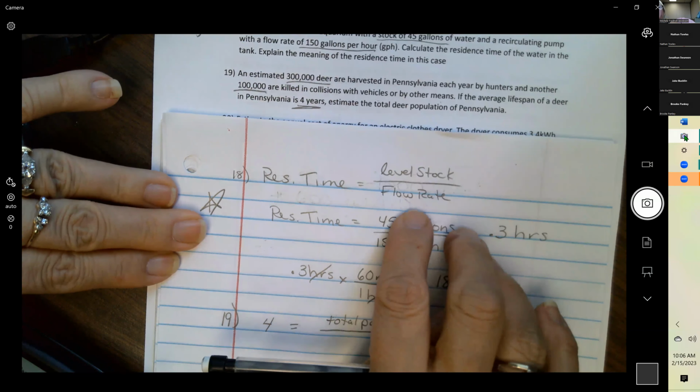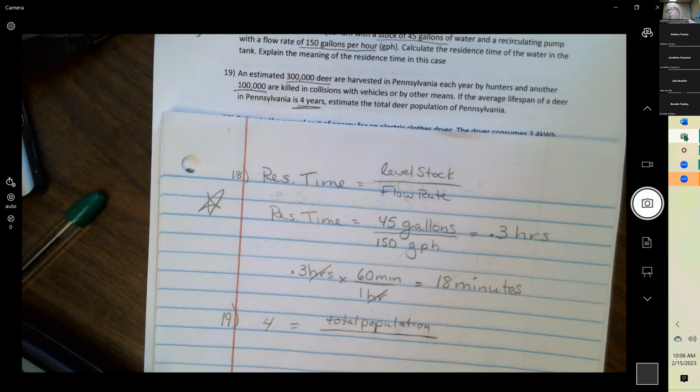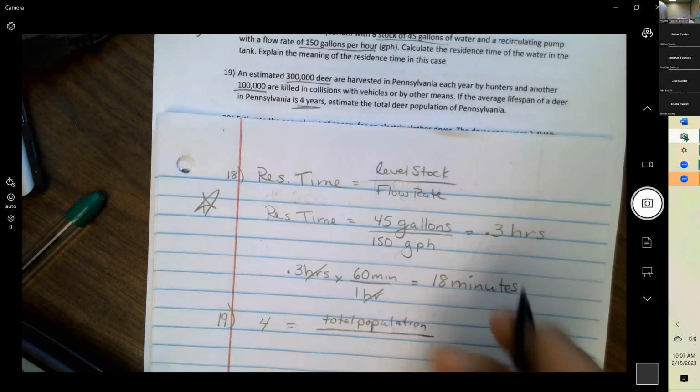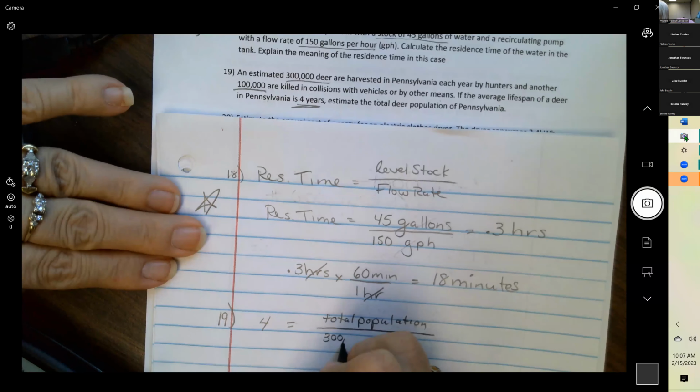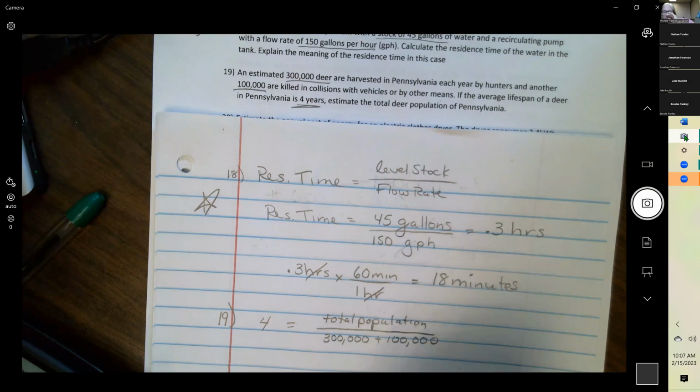And then the flow rate can be the flow coming in or the flow coming out, because remember, we want to keep them in an equilibrium. Now you could just put 400,000 there.